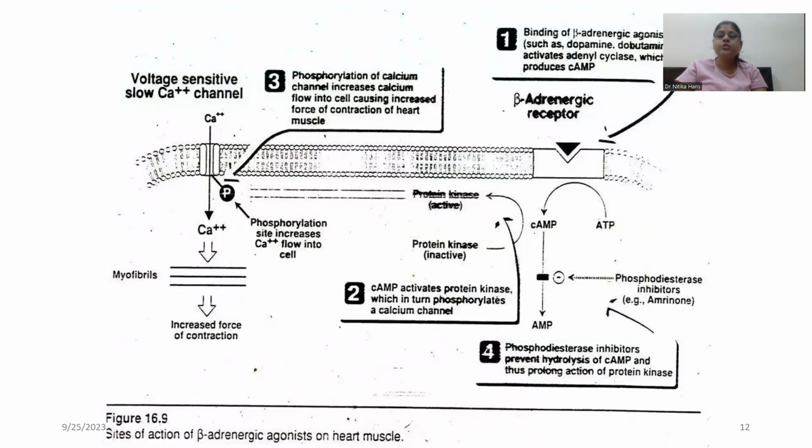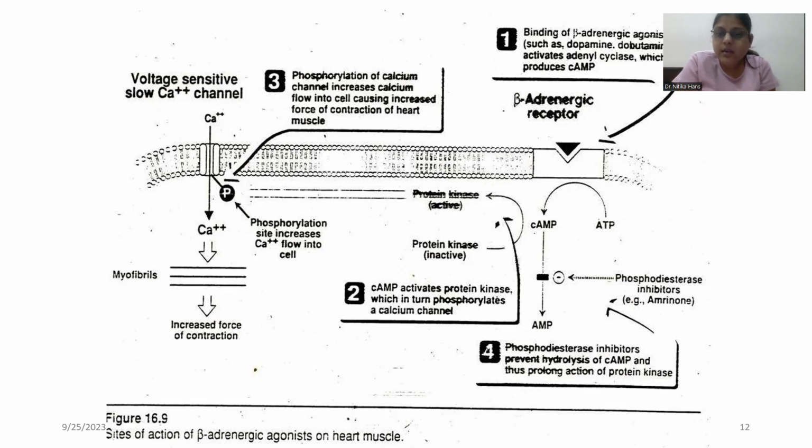So this is the action of the beta-adrenergic agonistic drugs on the heart muscle. Dopamine and dobutamine are the drugs which act by stimulation of the beta-1 receptors, and there is increased production of cyclic AMP. This activates the protein kinase, which in turn phosphorylates the calcium channel. Phosphorylation of the calcium channel increases the calcium flow into the cell, causing increased force of contraction of the heart muscle.